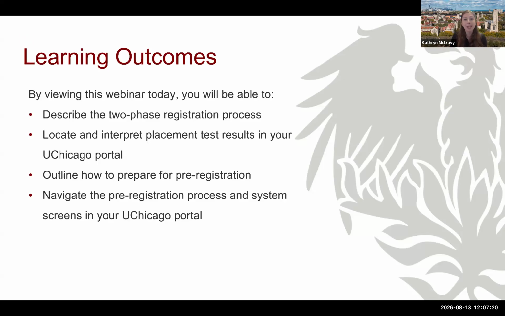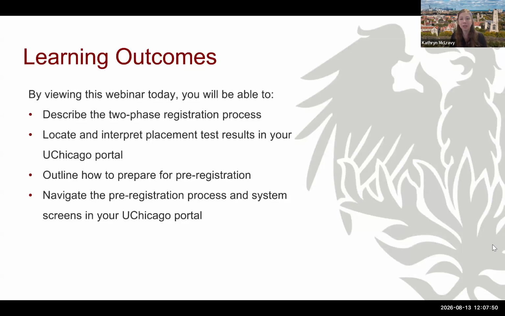You'll be able to locate and interpret your placement test results in your UChicago portal. We'll outline how to prepare for pre-registration, and we'll also go over how to navigate that pre-registration process and systems within the portal too. So by the end of today, we'll be able to go over all of this, and hopefully you'll feel confident going into next week.